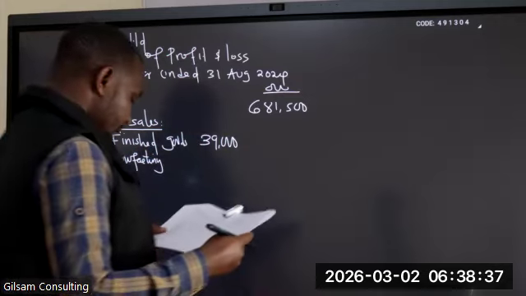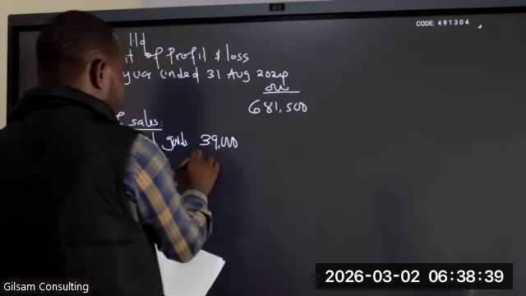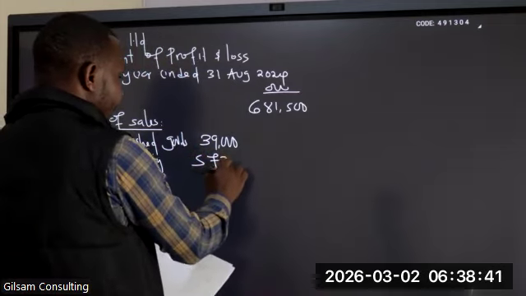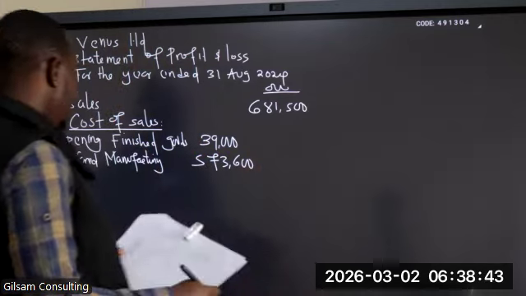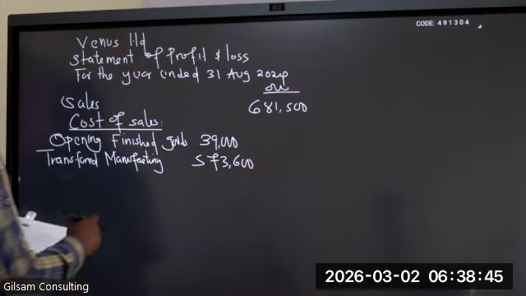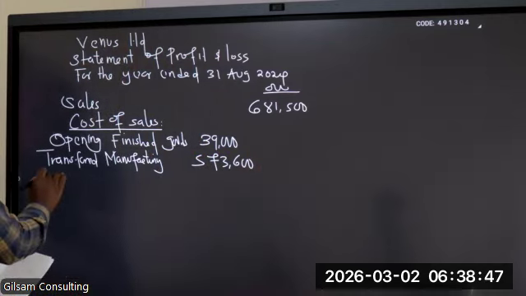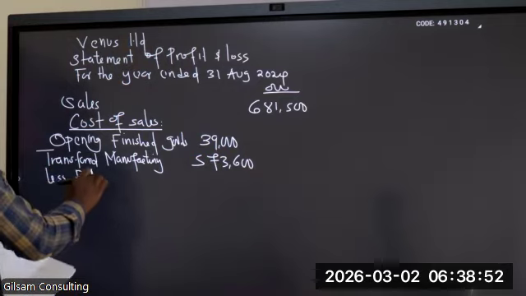is we take the total cost 573,600, less the return outward.